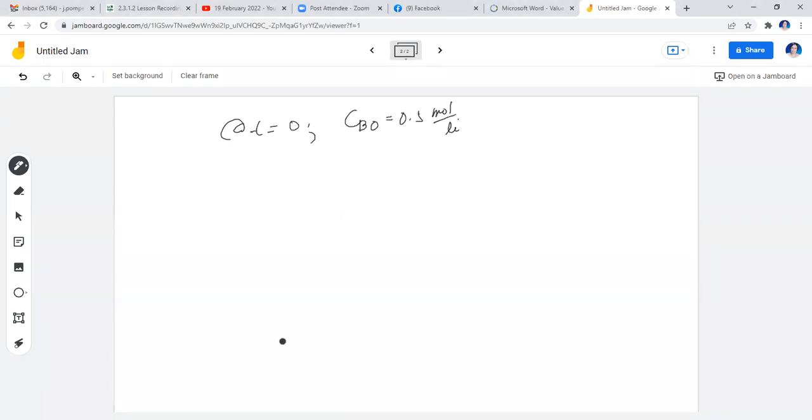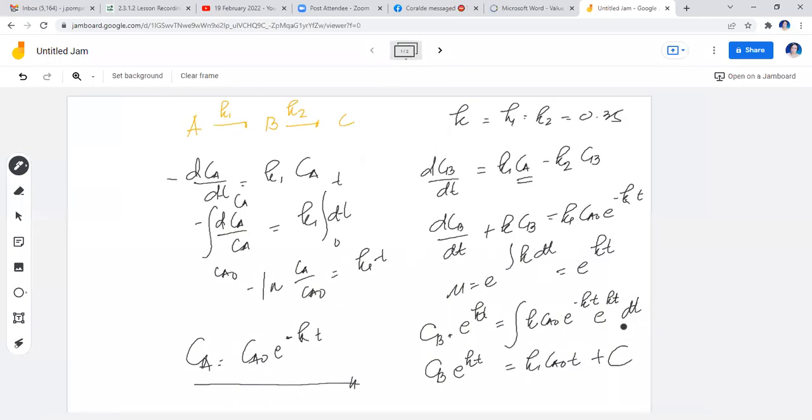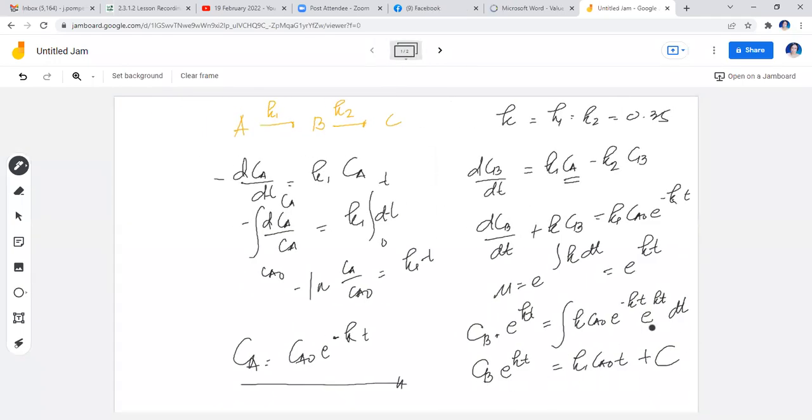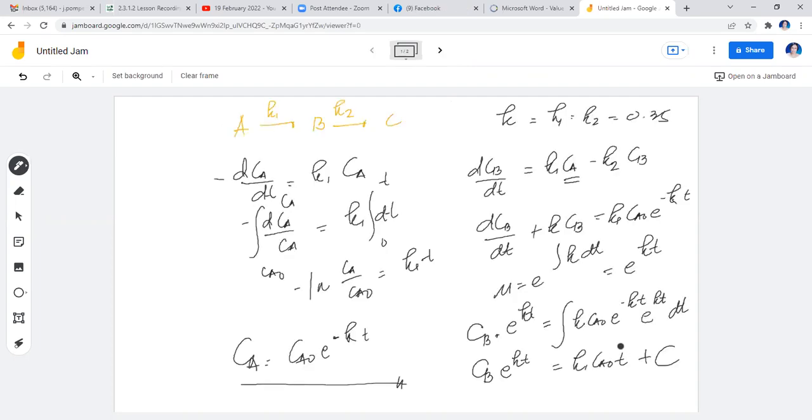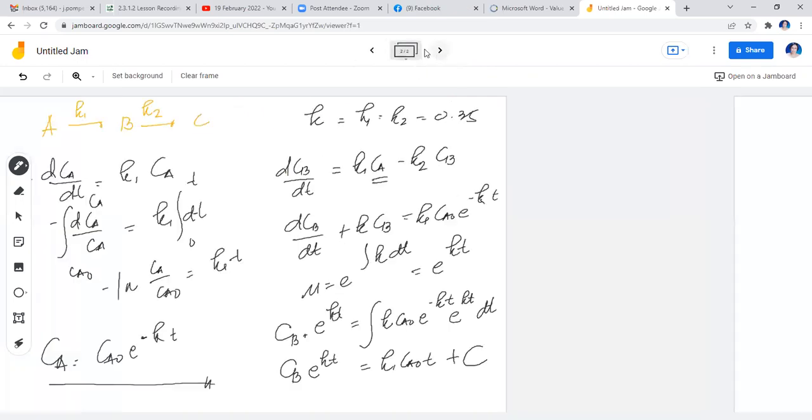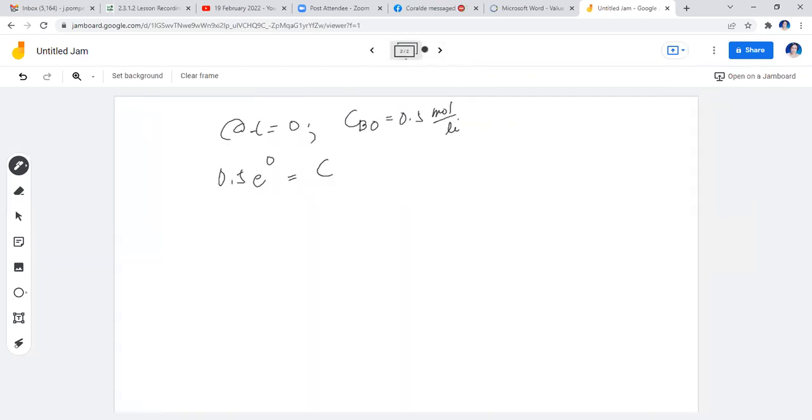So we go back to this equation that we have here to find the C, the arbitrary constant of integration. So C sub B will be 0.5. You have 0.5 e raised to 0. And this is also 0 because your time will be 0. And you will have C remaining on the right side. So the C is equal to 0.5.